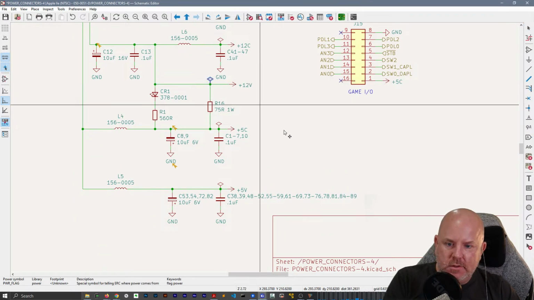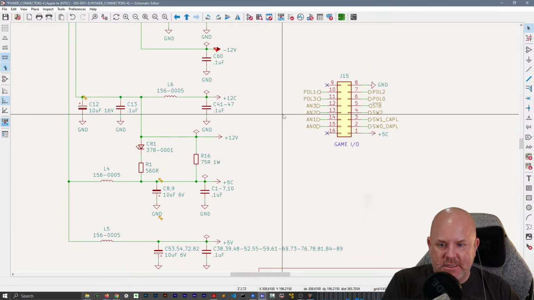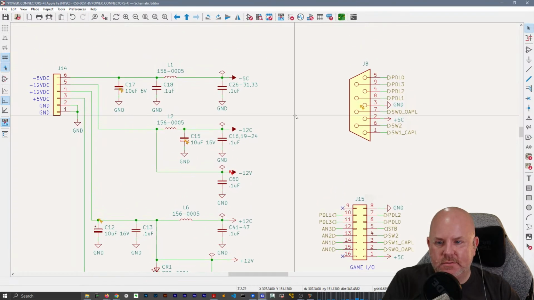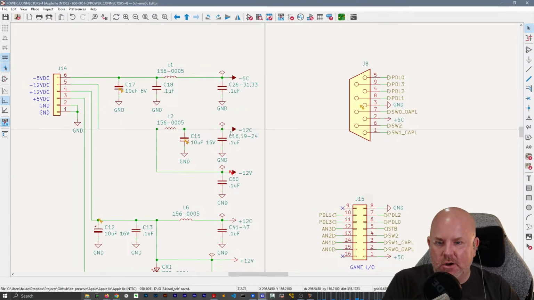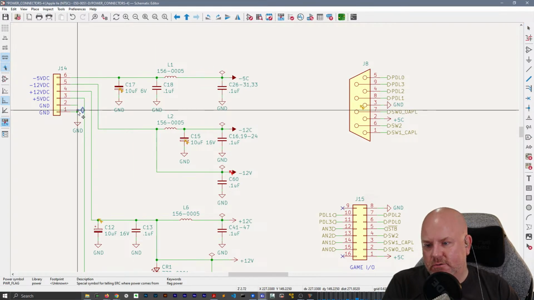So now, all the power rails, if these are the only power rails, should all be driven with a flag now. Oh, there's one more. We've got to tell it, over here, this is where ground comes in.